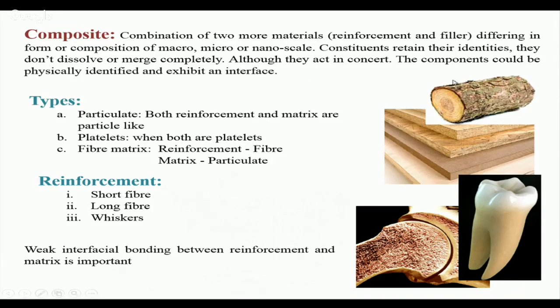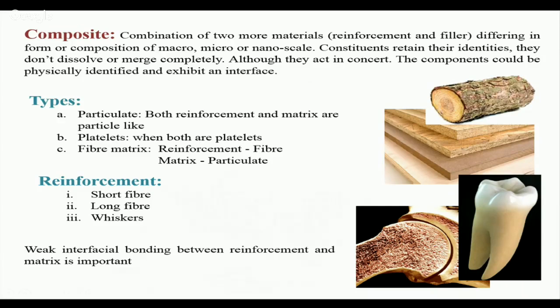So I can see here wood is a composite where we have cellulose fibers and lignin as a matrix. Similarly, we have this wooden composite, we have even bone and the dentures. So all are naturally derived composite materials. In case of dentures, we know there are 2 types of materials.